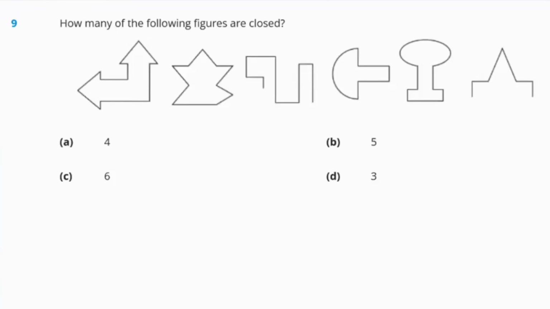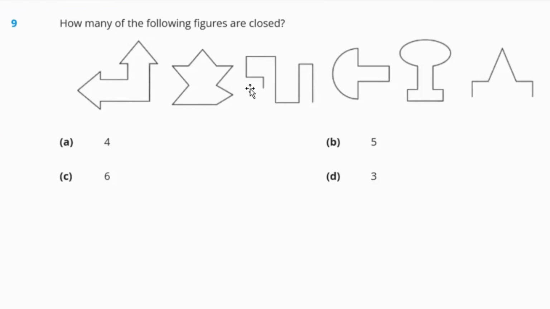How many of the following figures are closed? In these figures, how many are closed and how many are open? The first one is closed, second one is also closed, third one is open, fourth one is closed, fifth one is closed, and the sixth one is open.